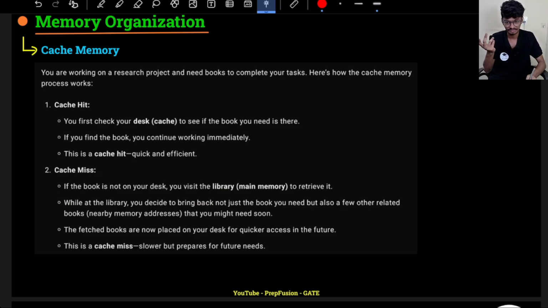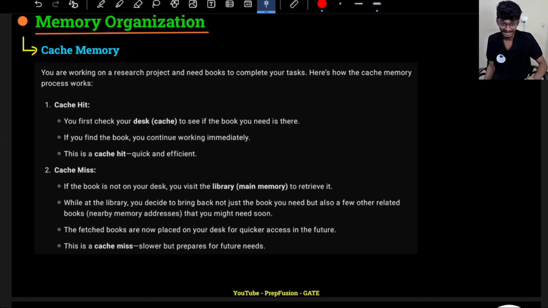You said I'm in the library. Then she will say I will also come to the library. So then you don't come back to do your work, right? You do everything else except your work. So there is an interruption, so there is time wastage. That is what happens if there is a cache miss. So that is the wastage part.